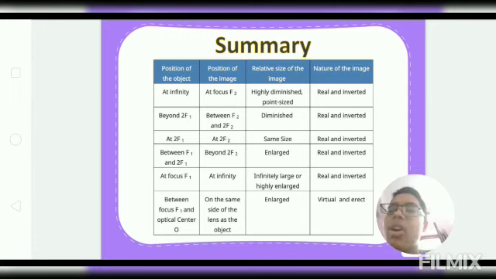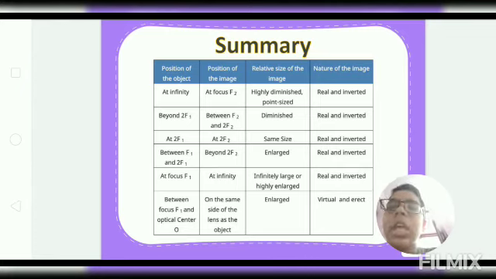We discussed all these 6 cases earlier. You can take a screenshot or you can remember. When the object is beyond 2F1, the image is formed between F2 and 2F2. It's a diminished image, real and inverted.